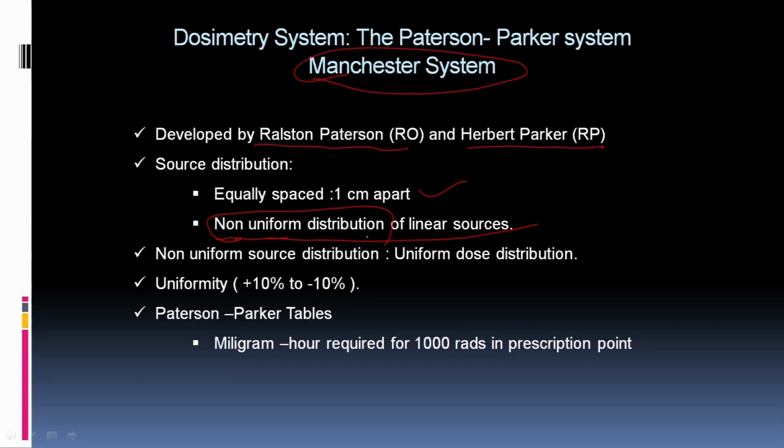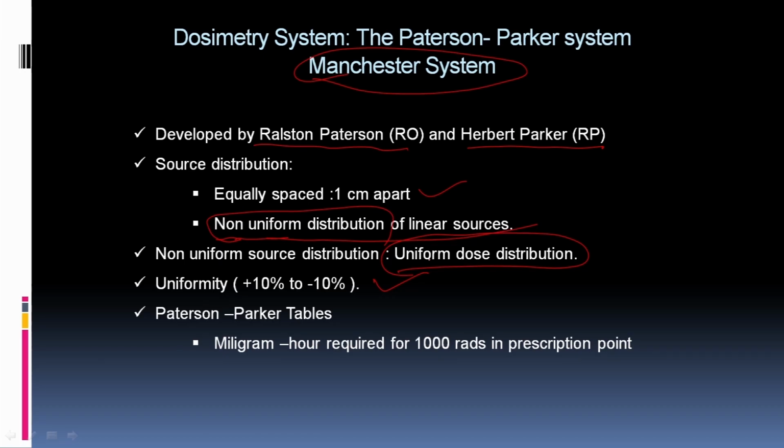Because of this non-uniform source distribution, there is some rule which I will discuss in a later slide, and the non-uniform distribution of source will give a uniform dose distribution throughout the target volume, and we even achieve the uniformity of plus or minus 10%. So, this is a very good uniformity in terms of brachytherapy applications.